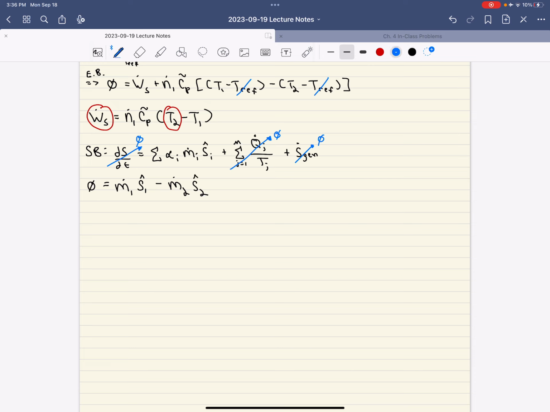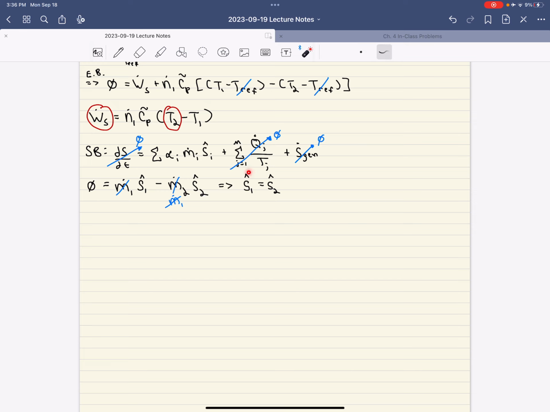And from our material balance, we know that M2, the mass flow rate, is equal to M1. And because this is equal to 0, we can actually cancel out both of these things. And so what we get is that the entropy going into the system is equal to the entropy going out.